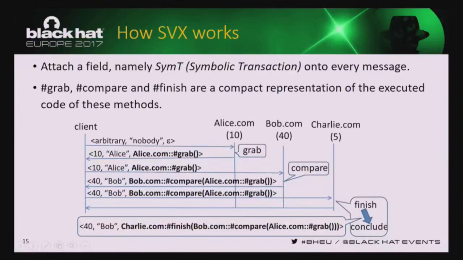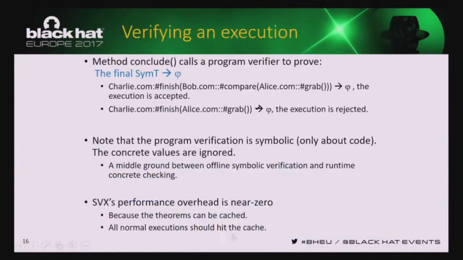The final SymT indicates how we got to the result 40 Bob. It is through grab, compare, and finish. Now, #grab, #compare, and #finish are a compact representation of the executed code of this method. I'm not giving you the detail of the representation, but let's assume that there is a way to represent the executed code. Now, at this point, whether this execution is secure is easy to check.